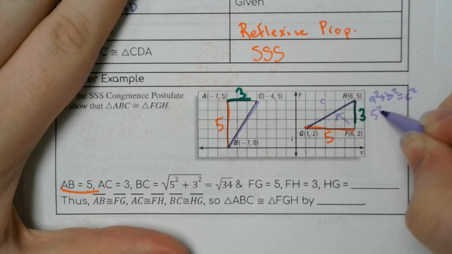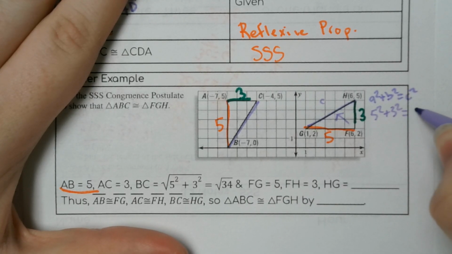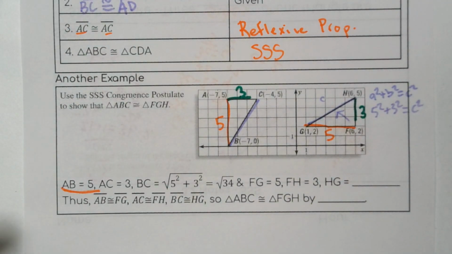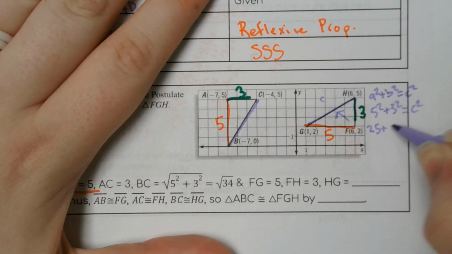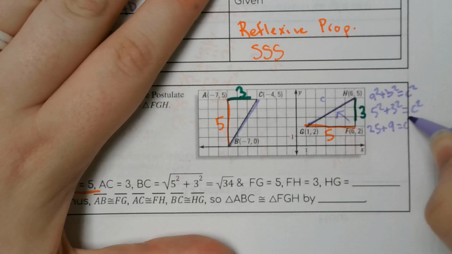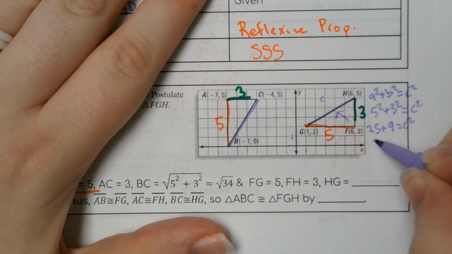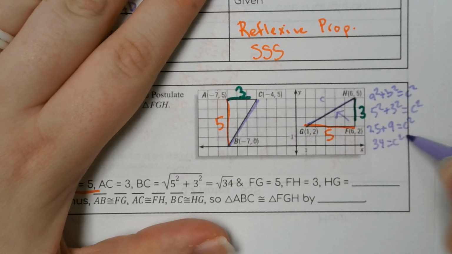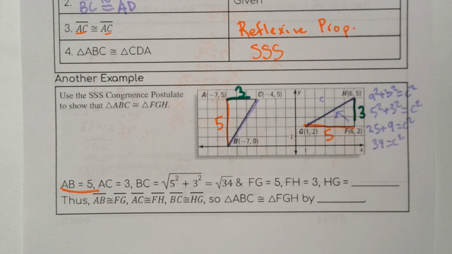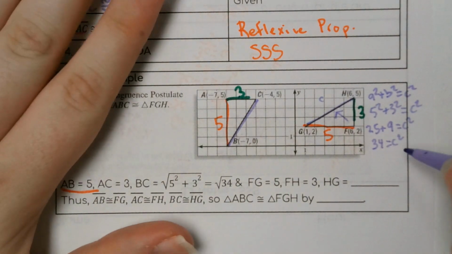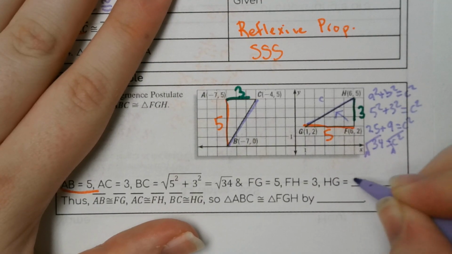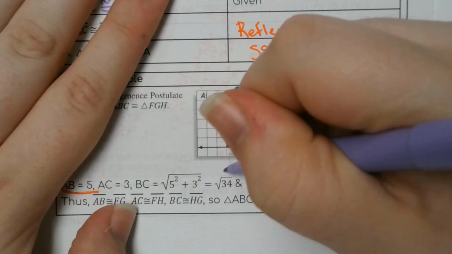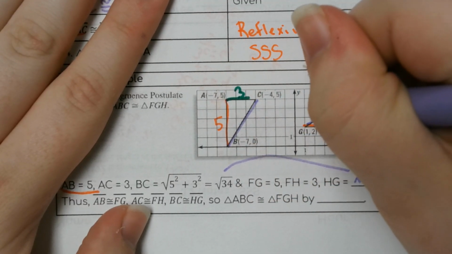So we do 5 squared plus 3 squared equals C squared. 5 squared is 25. 3 squared is 9. 25 plus 9 is 34 equals C squared. And how do I get rid of a square? Square root. So we get C equals the square root of 34, or HG, the same thing. The square root of 34, which is the same as over here, right?